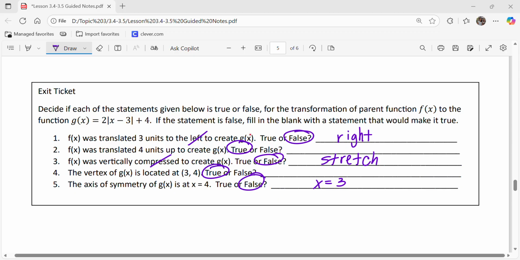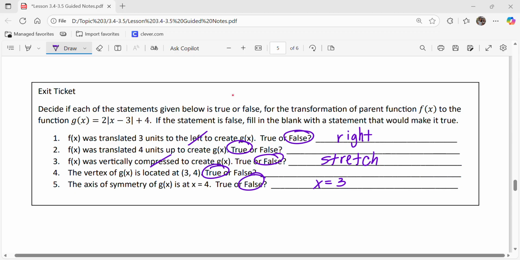So that would be my x, and that would be my f of x. So 4 equals A, which is what we're trying to find, times the absolute value of 3 minus 4, plus 1. 3 minus 4 is negative 1. Absolute value of negative 1 is 1, times A is A. And then to get A by itself, A equals 3.